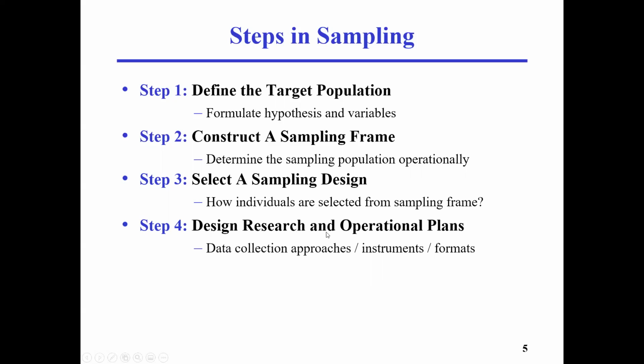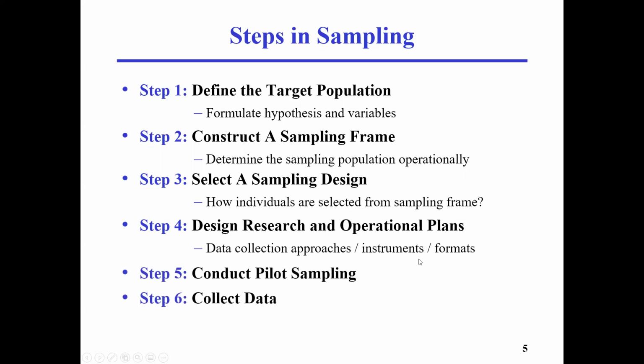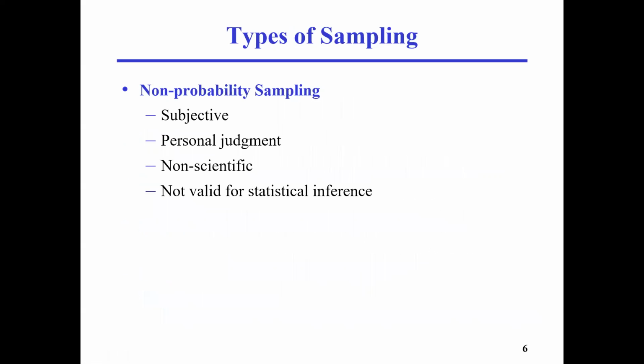And then design research and operational plans, data collection approaches, instruments, formats, etc. And step 5, conduct pilot sampling or preliminary sampling, right? And then if it is working, then you should actually do the sampling and collect data. Okay, so this is the general plan or steps for a typical sampling process.